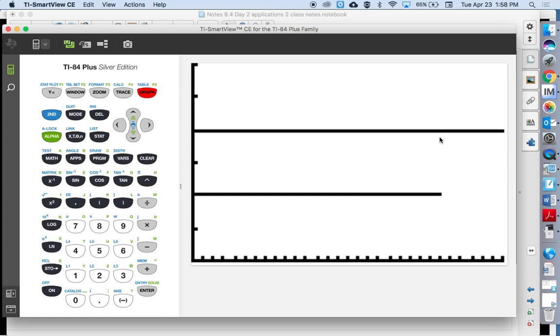This is too slow. Yeah, you go way too slow. Down the sequence. So do it simultaneously.